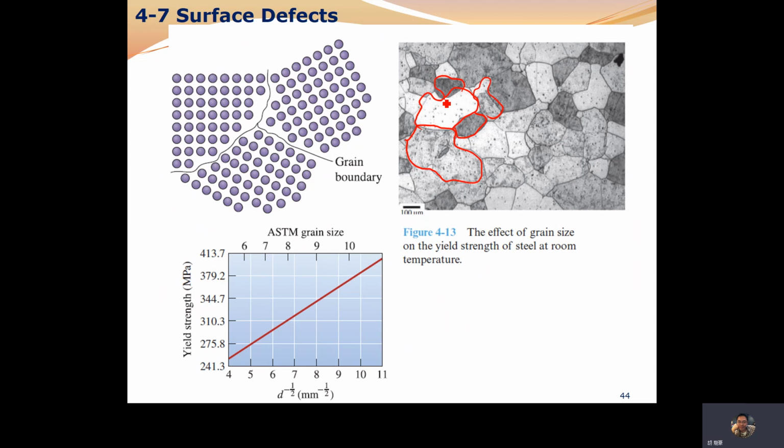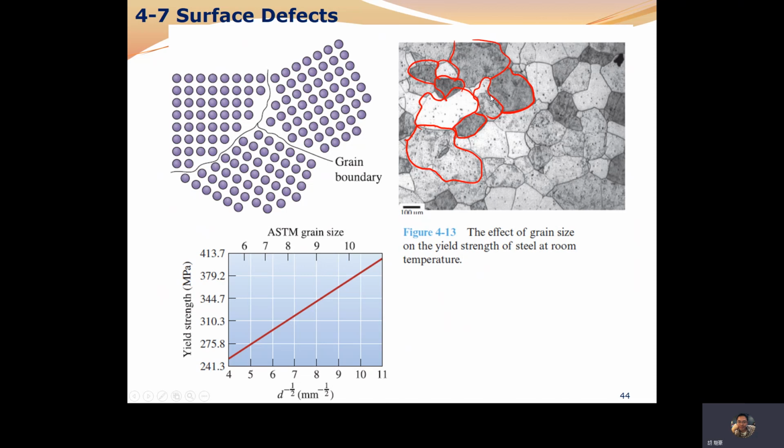And this is a grain. And the grain size highly influences the metal's yielding stress at room temperature. Also, the grain size highly influences the surface property of the metal or steel.